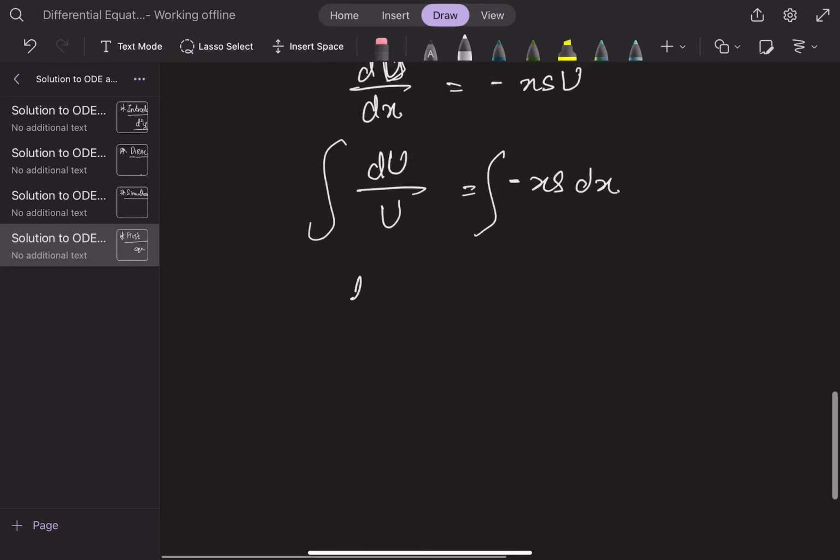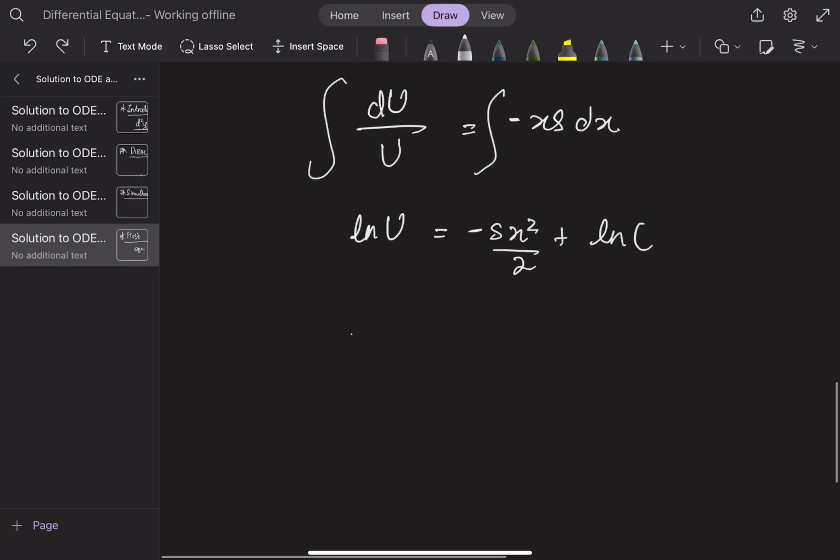So here you get ln U is equal to minus s x square by 2 plus ln c. Here you can write simply c as well, but ln c will make things easier for us. So we're going to use ln c. So this is ln U minus ln c is equal to minus sx square by 2.